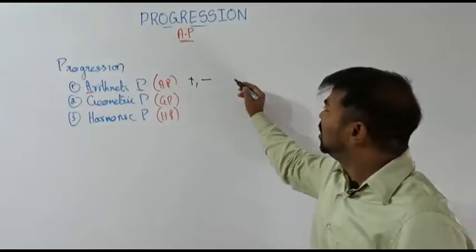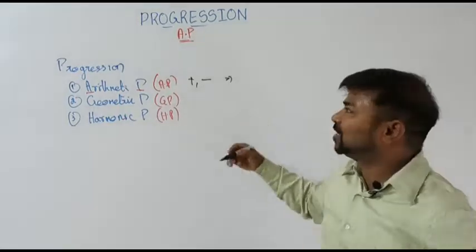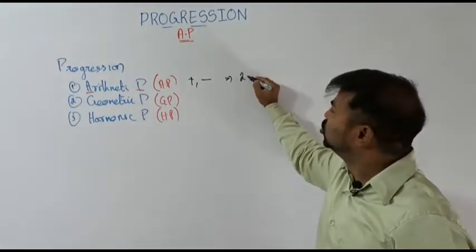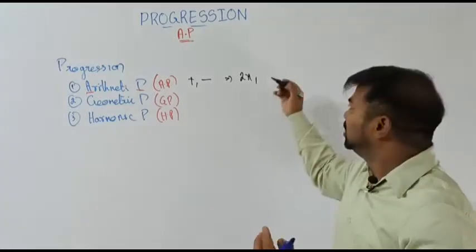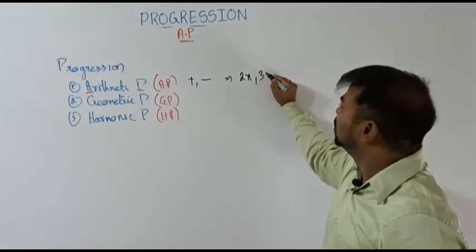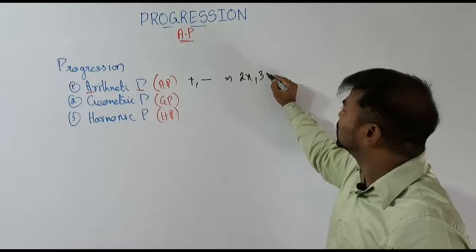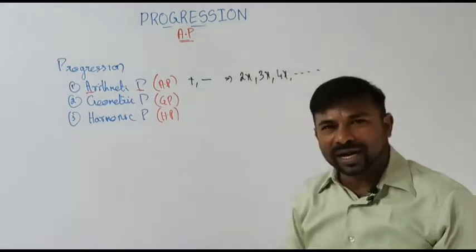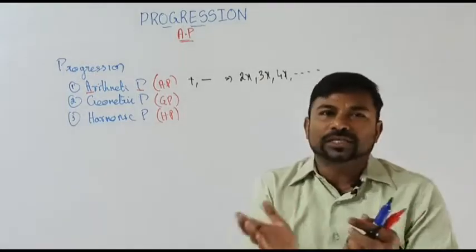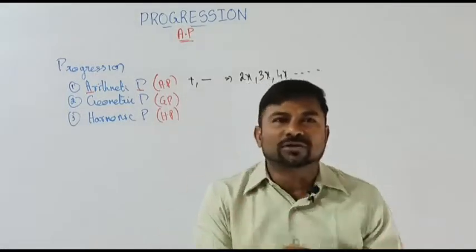Right. Example, I like to go like this. Just now I had given an example. 2x means the first quantity is 2x. Then it will increase to something like 3x, 4x and so on. Do you find plus quantity or increase or decrease here?